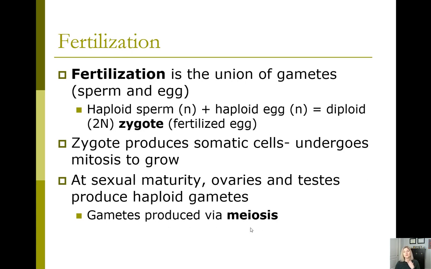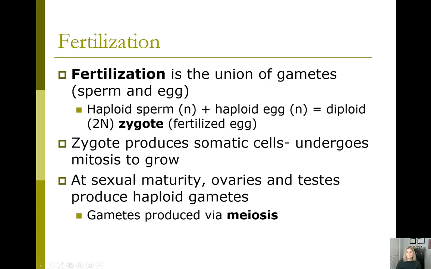Remember, most of your body cells are somatic, but there are special cells in your gonads, which are the gamete-producing organs of your body. For females, that would be the ovaries. For the males, that would be the testes. Inside the ovaries and testes, there are specialized cells, which we call germ cells. Those germ cells are diploid, but they undergo meiosis instead of mitosis. And so when they undergo meiosis, they're producing haploid sperm or eggs.